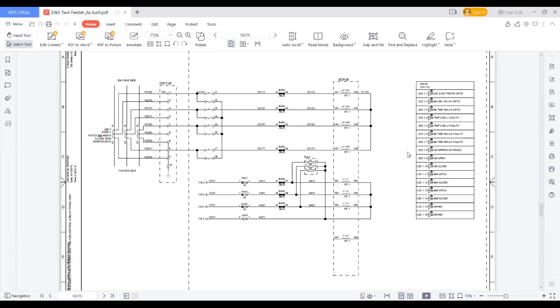When you are reviewing the schematic drawing, what things should be kept in mind? One is whether the logic derived for my SLD from the SLD is fine or not. Next, we have to check whether the interlocks mentioned are right or wrong.